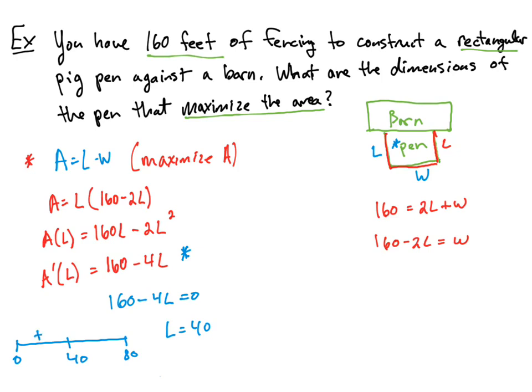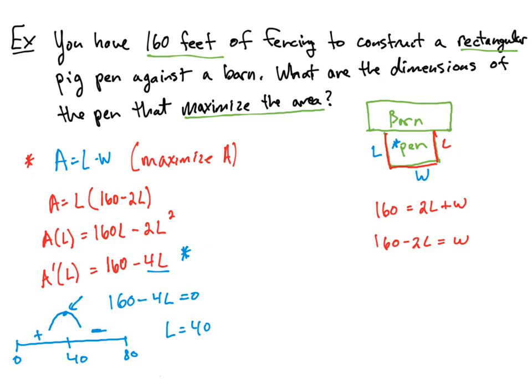And then let's pick a number between 40 and 80. How about 60? When I substitute 60 in, I get negative 240. 160 minus 240 is a negative value. So what we see is we're going from an increasing function to a decreasing function, so the graph goes something like this. So it makes sense that we have our maximum value right here.